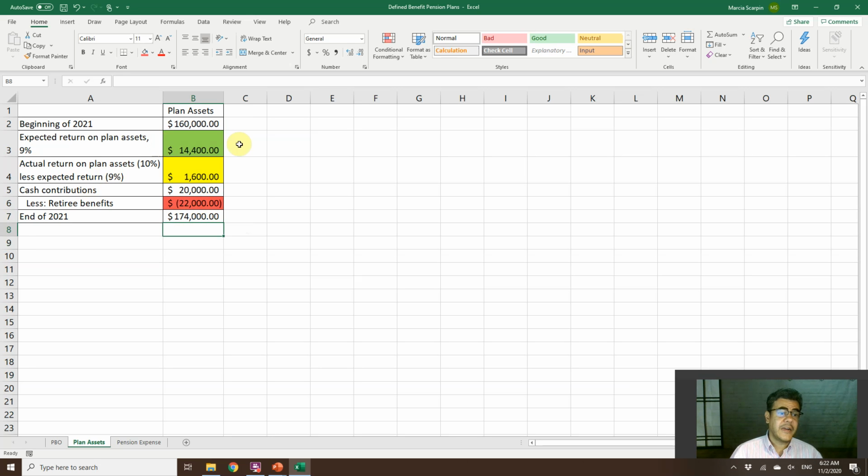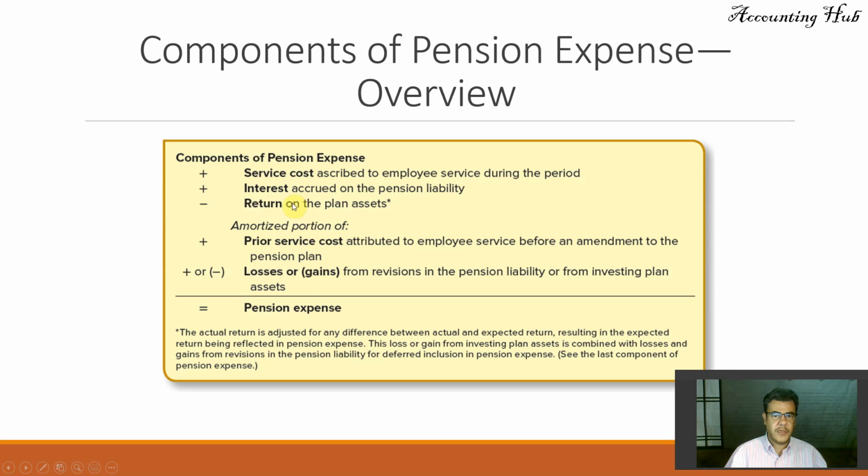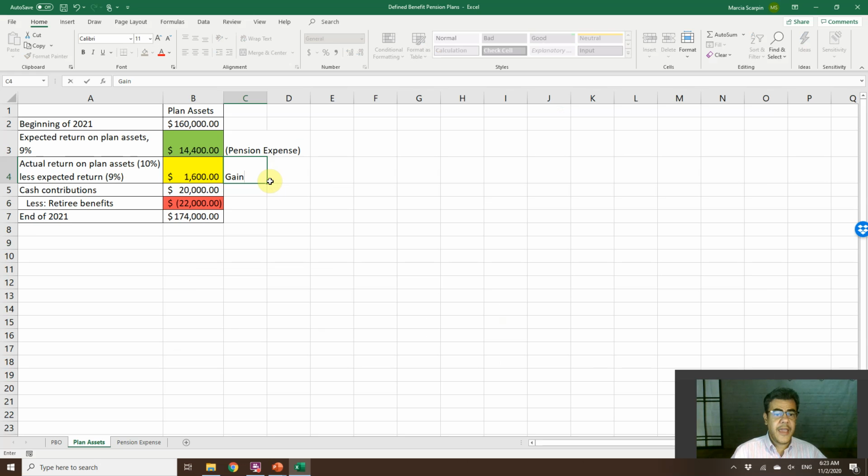And here, the expected return is pension expense. Just like we worked here, the expected return is being reflected in pension expense. And here, the gain on pension assets is accumulated other comprehensive income.